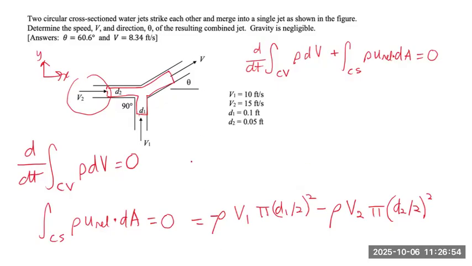And lastly, we have positive rho, because V is pointing outwards in the same direction as the area vector of the control surface. So rho times V times pi times some d value, because we're not given the diameter of that one. We'll call it d3, over 2 squared.